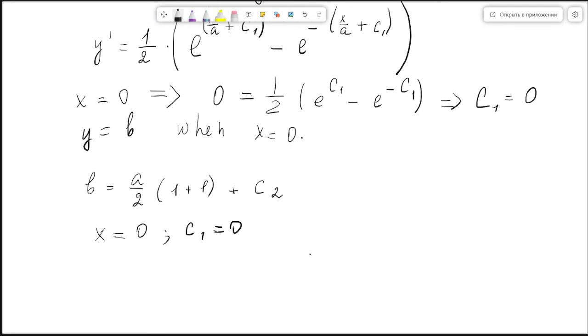Whence c second is b minus a. 1 plus 1 is 2, over 2 is 1, a plus c second is b, and c second is b minus a from this.